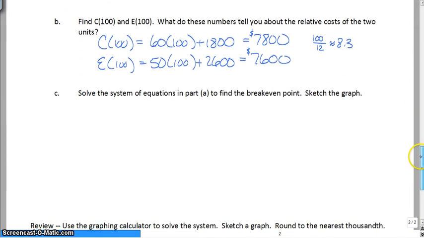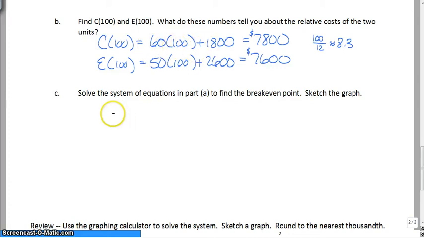So we're going to solve the system and find out when we break even. It says we can sketch the graph. What you could do is solve it algebraically if you want to, because this is just the same variables pretty much.